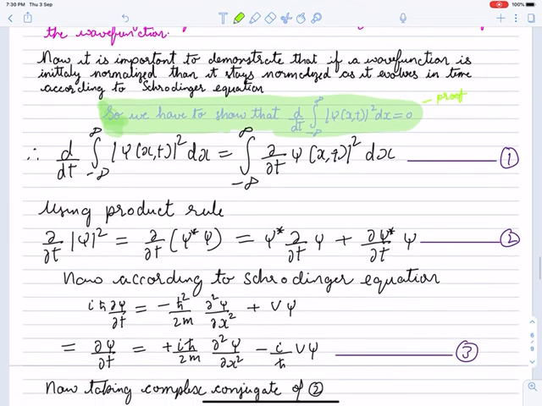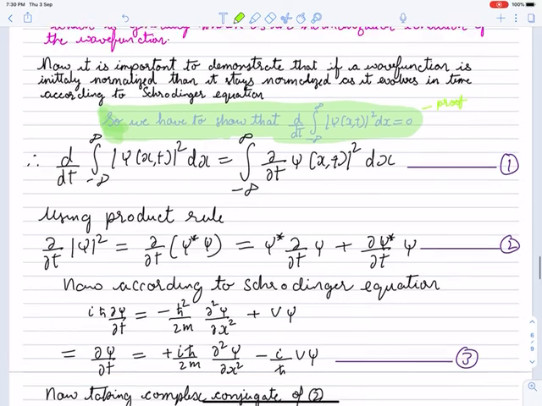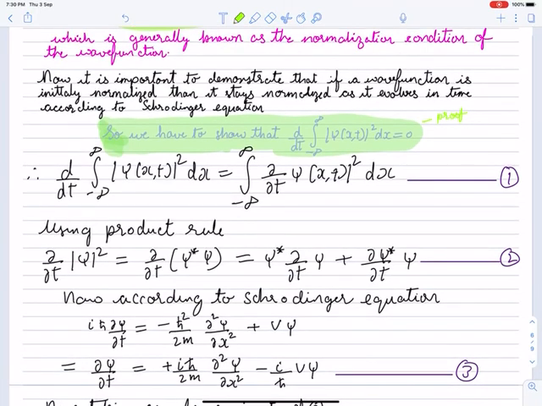How will you solve this? In equation number 1 I have written it. See, the integrand is a function of x and t, but the integral itself is a function of t only. So the total derivative becomes a partial derivative inside the integral, because the integrand is a function of x and t, but the integral is a function of time only. So I can write this as equation number 1.